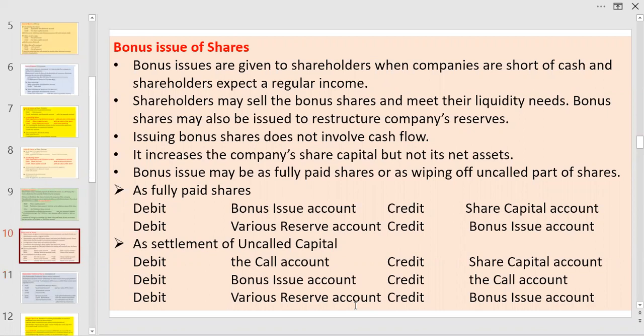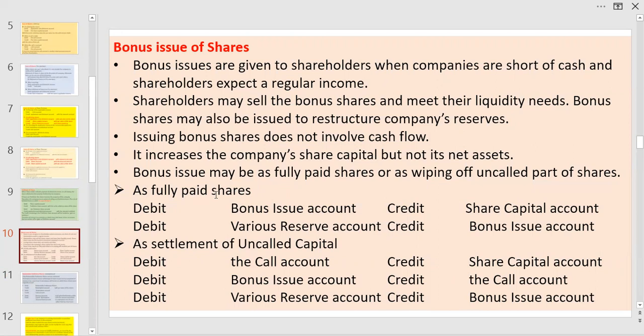The shareholders, on the other hand, when they are deprived of dividend payment, can sell these extra shares on the open market and have their needs satisfied. Since bonus issues have no involvement of inflow or outflow of cash, there will be no changes in the ultimate net asset amounts.